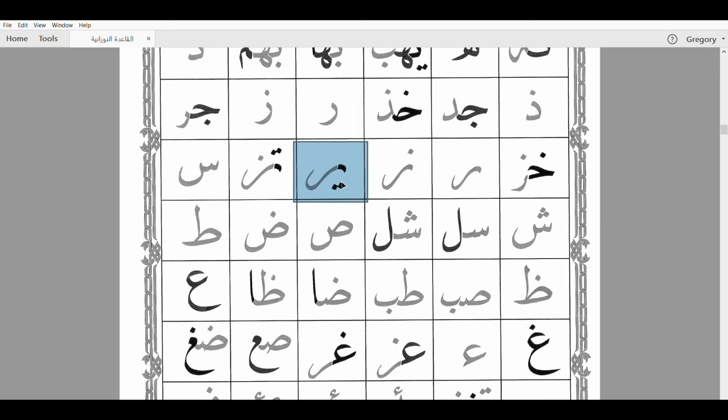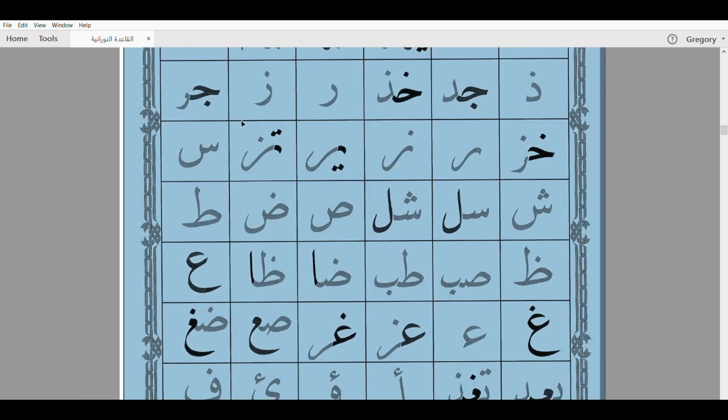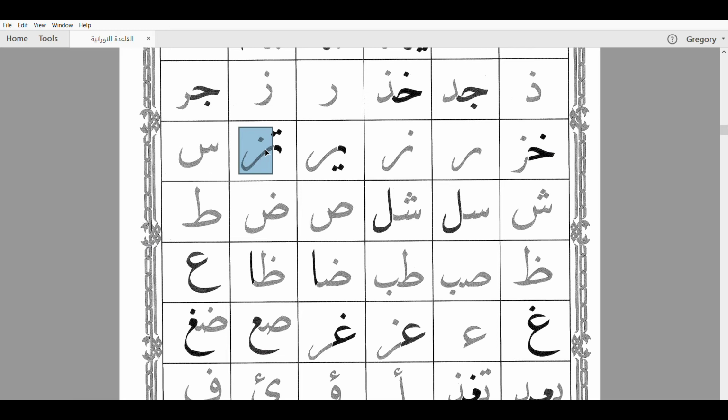So you have the 2 dots below. Makes it a what? This is a ya. And then a ra. Yara. You have 2 dots. Yep, ta. And the 1 dot above this one, though. Jazzy, right? Yaza. Yes.